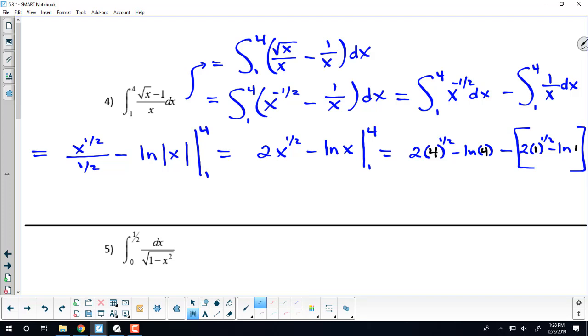Is everyone okay with that? When you have to subtract off that f of a, you have to subtract off all of it, not just the first thing or the second thing.